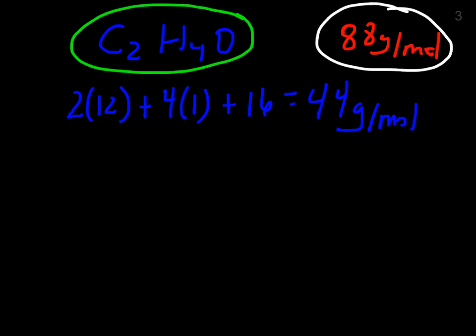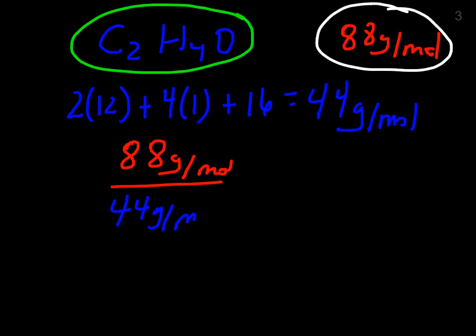So at this point, I take that 88 grams per mole, and I divide it by the 44 grams per mole from the empirical formula. I find that the answer comes out to be 2.